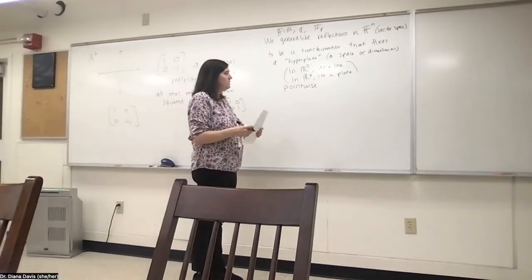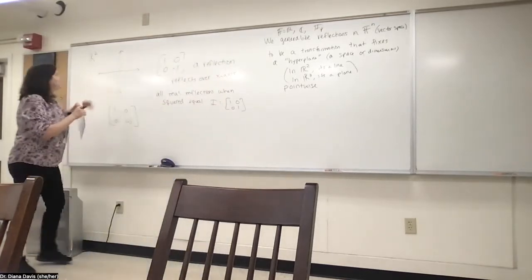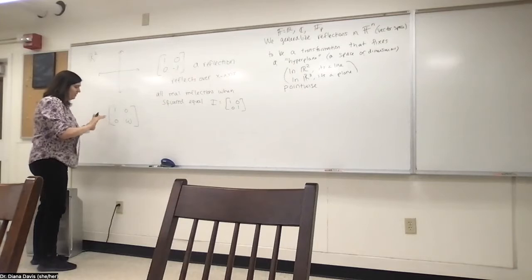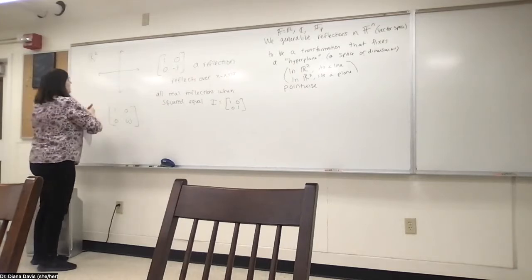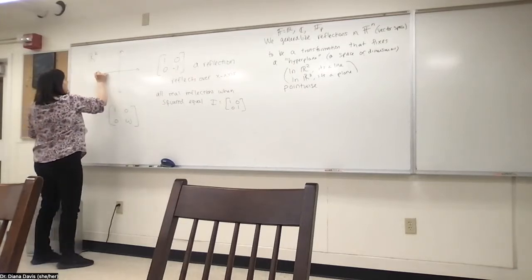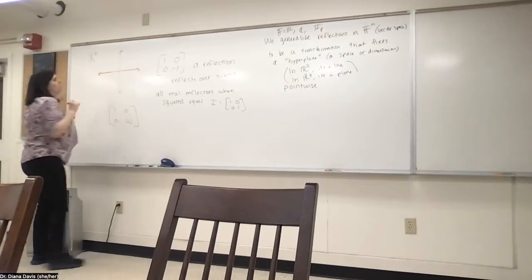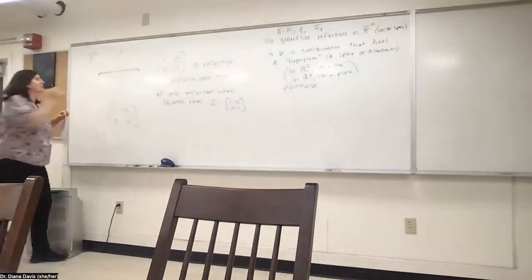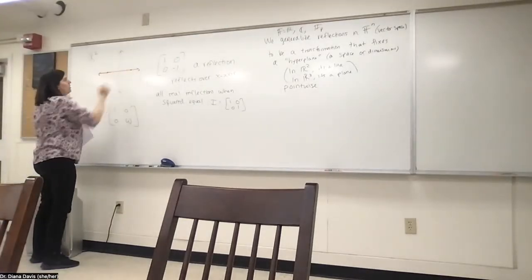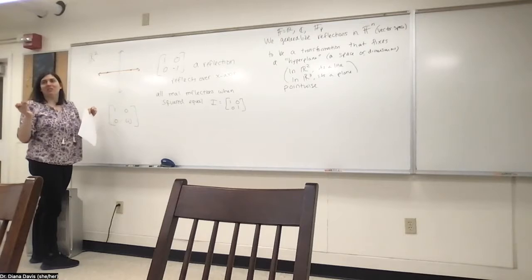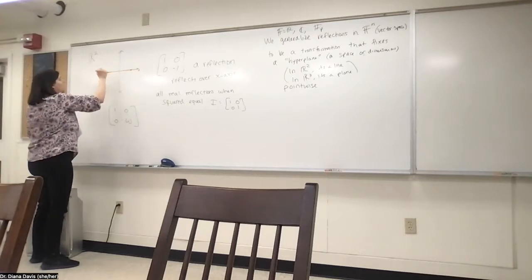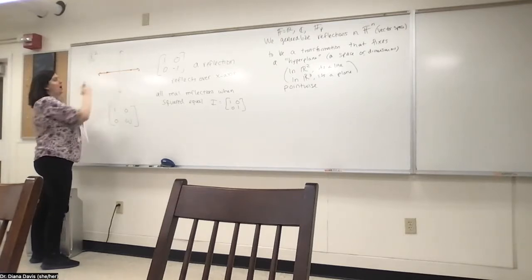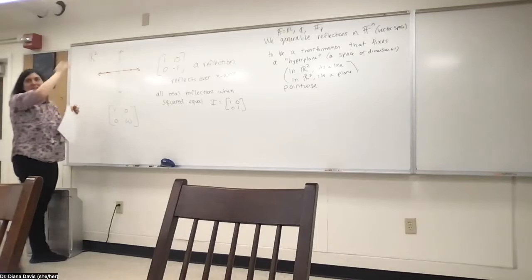So, in other words, I can't just take this line, let me use another color. I can't just take points on this line here. This is my quote unquote reflection line. I can't just take this point and move it over here and consider that a reflection. I have to take this point and it has to get sent right back to itself, as well as reflecting things over.